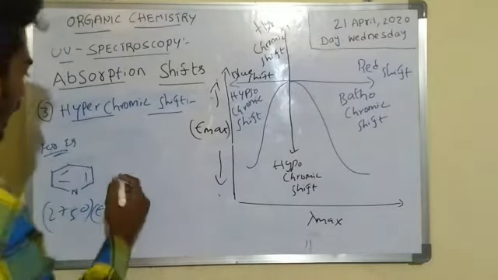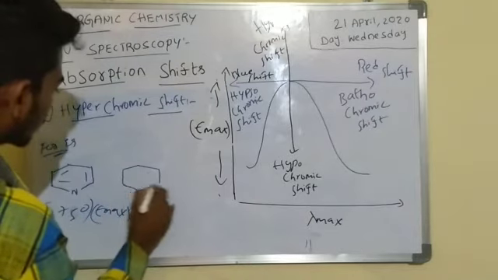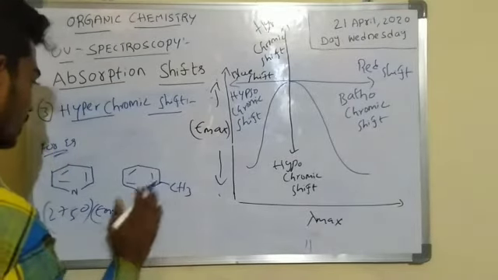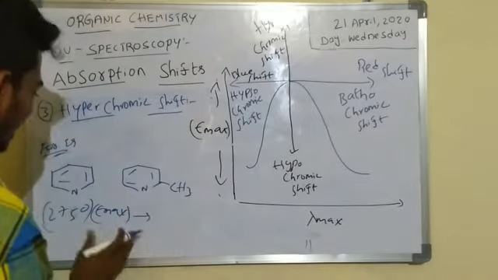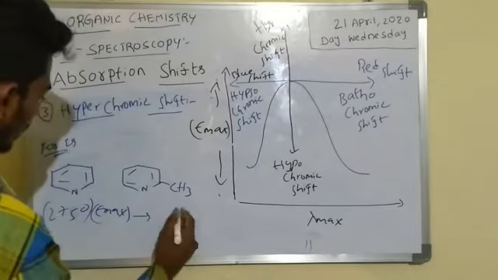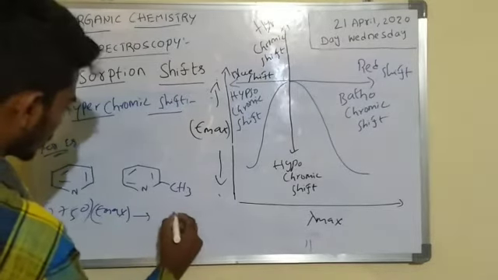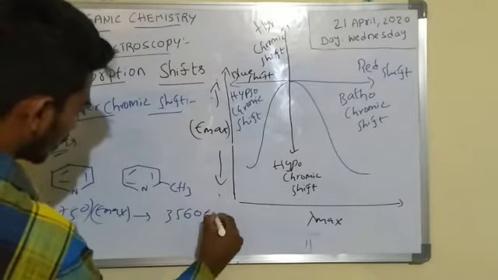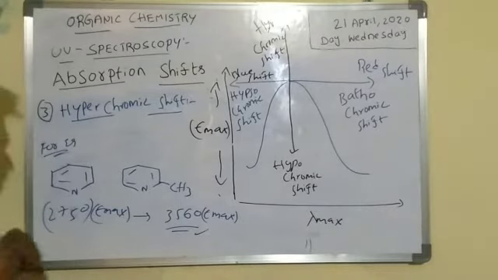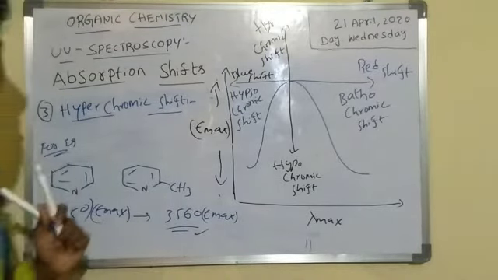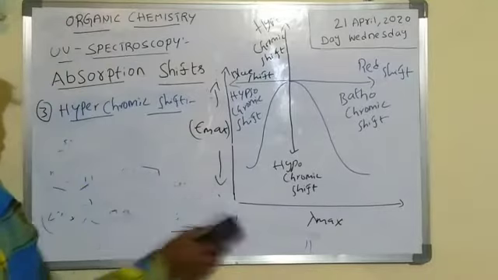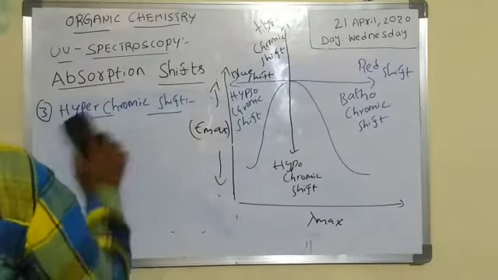Whenever a bulky group attaches at the ortho position, its intensity of absorption maximum increases to 3560. The intensity of absorption maximum is increasing. Okay, we can understand this hyperchromic shift. Next one, that is hypochromic shift. Now we can see the next one, hypochromic shift.